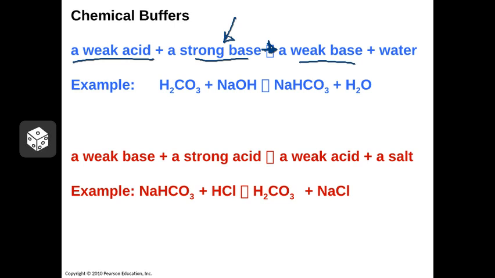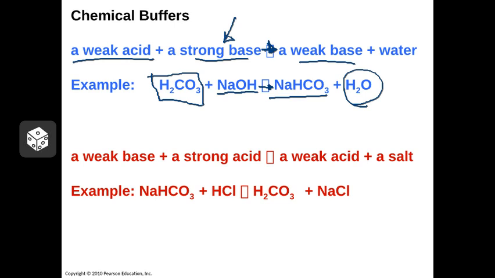An example is one weak acid we already know, carbonic acid. A strong base that doesn't exist in our body is sodium hydroxide. If we add carbonic acid to sodium hydroxide, it forms water and a weak base, sodium bicarbonate.